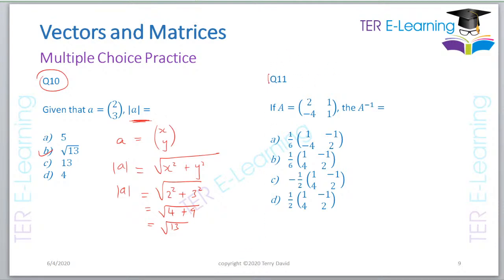What about question 11 now? We have a 2 by 2 matrix, and we want to find the inverse of this matrix. So question 11. Question 11, what's the answer for this one? You have a 2 by 2 matrix, and we want to find the inverse of this matrix. So we have a 2 by 2 matrix. How do we find the inverse of this matrix?